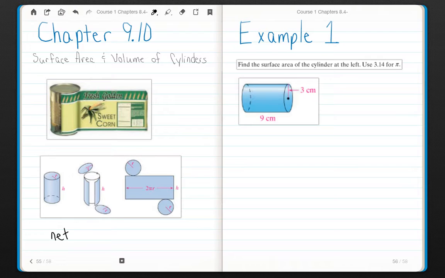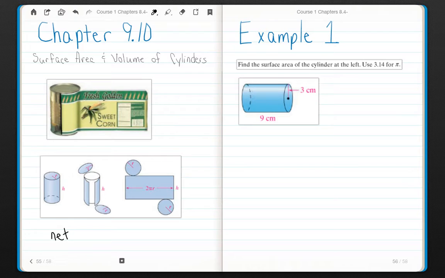So if I was to create a net of a cylinder, so here's my cylinder, it would look like this. I would have a circle for the top, a congruent circle for the bottom, and then I would have a rectangle that is the distance around. You can kind of see up here with this can label.